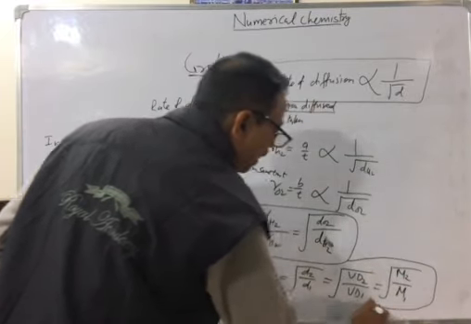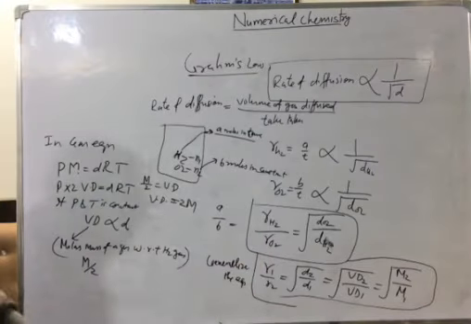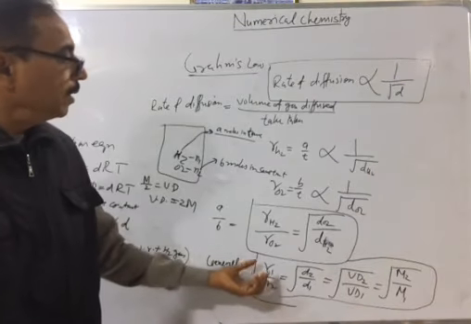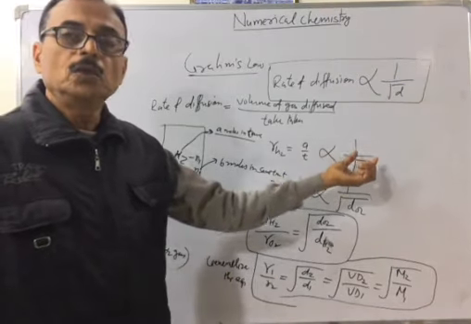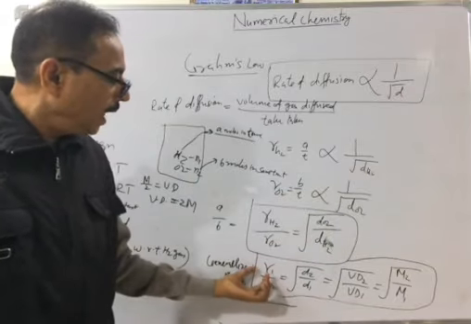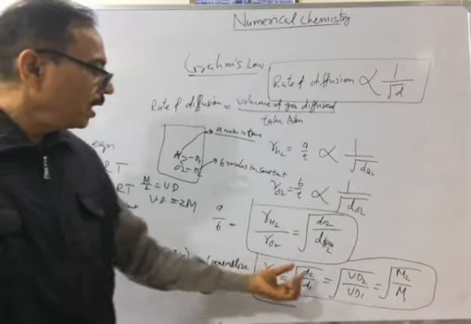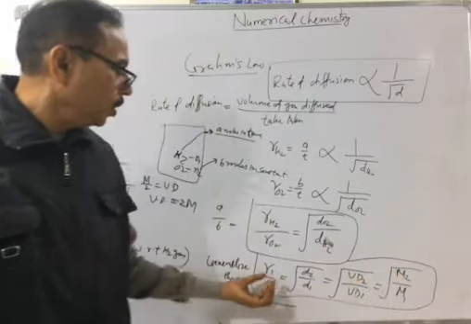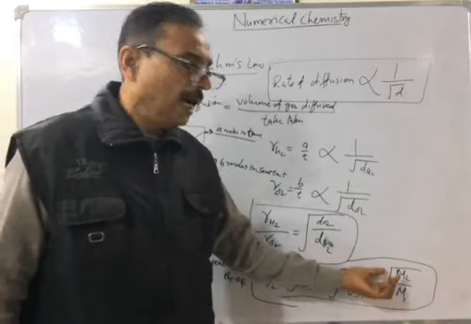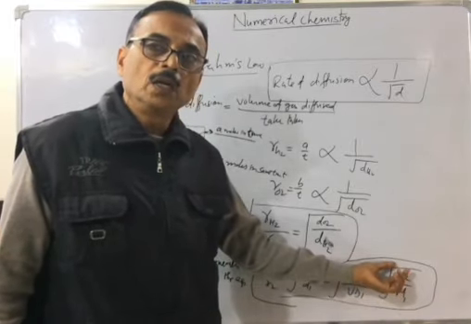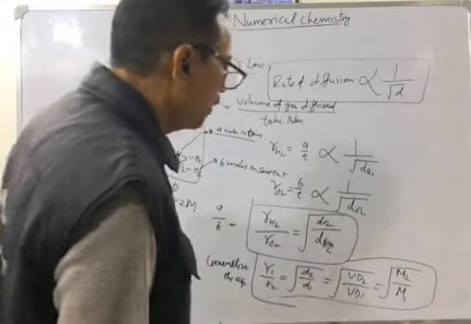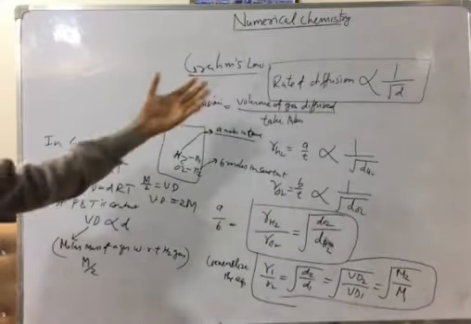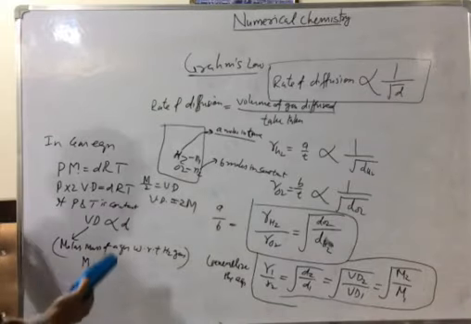These will be applied anywhere. Rate of diffusion is inversely proportional to the square root of density, and we have seen the relation of density with vapor density and molecular weight. So rate of diffusion is also inversely proportional to the square root of molecular weight. So let us take one example.